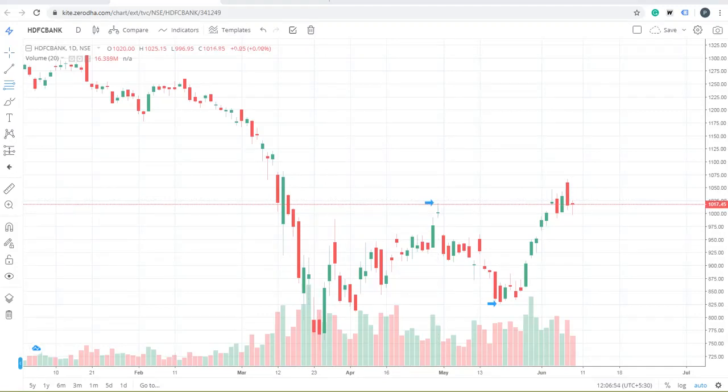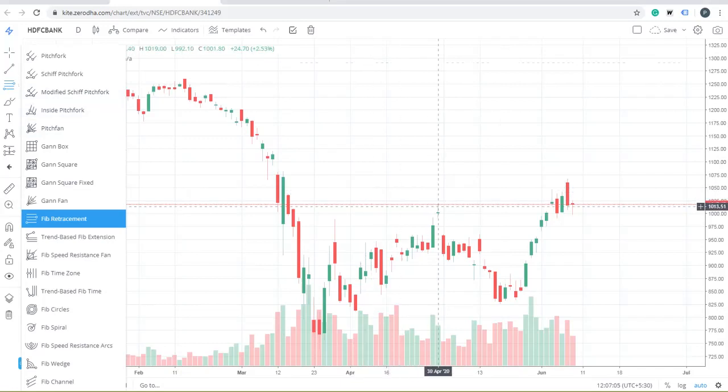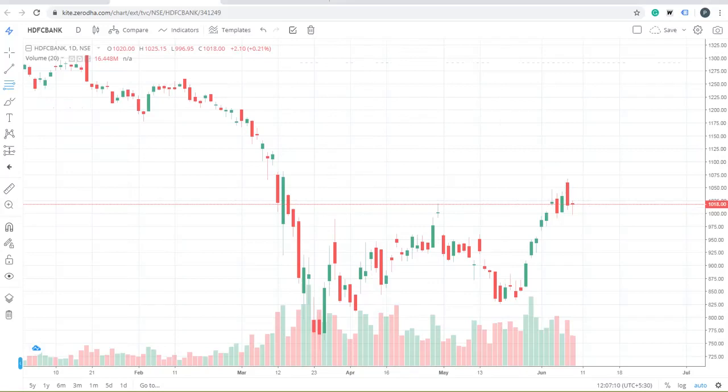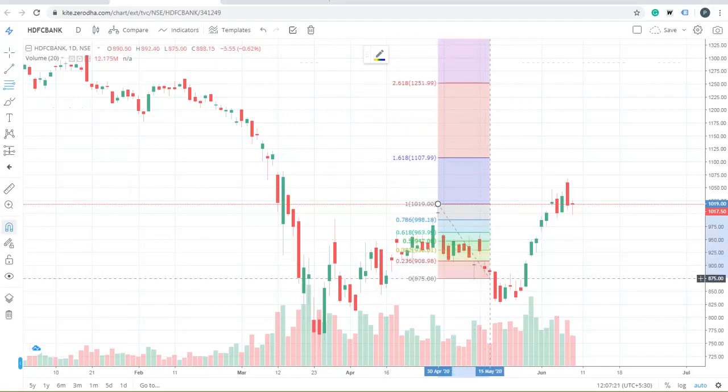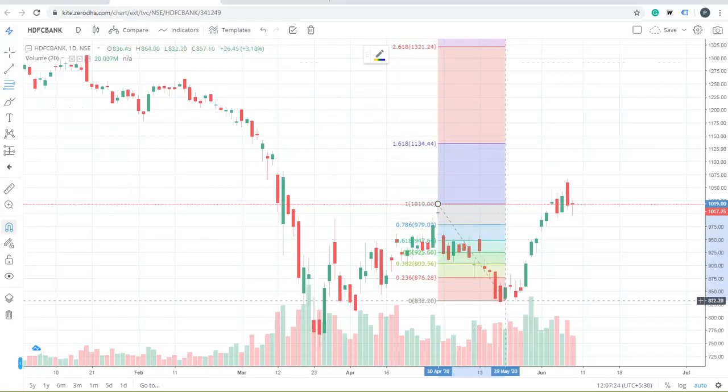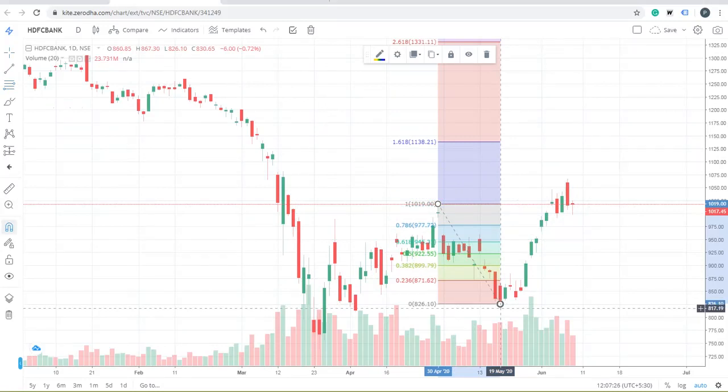When you need to find out the upper side levels, you draw Fibo from swing high to swing low. Also switch on the magnet mode so that it takes highs and lows automatically. Just click once and then drag it to the swing low.